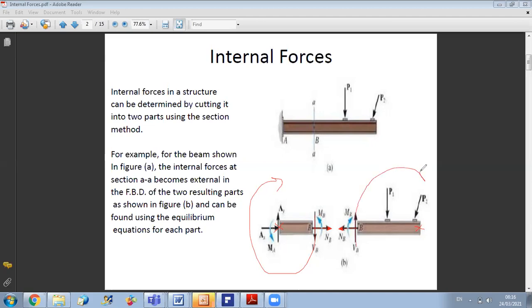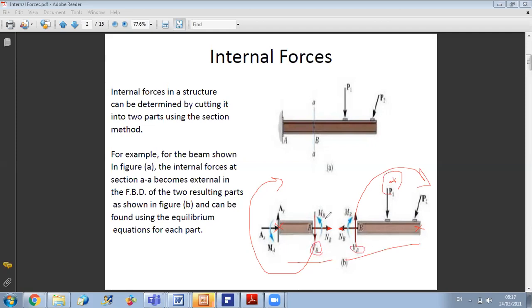So to rotate clockwise, it should be upward. So as you can see here from the convention, this will ensure opposite shear forces at the different parts of the beam. And we know that by action reaction, they should be opposite. This is why if I calculate them from the left part or from the right part, I will obtain the same values for NB, VB, and MB.